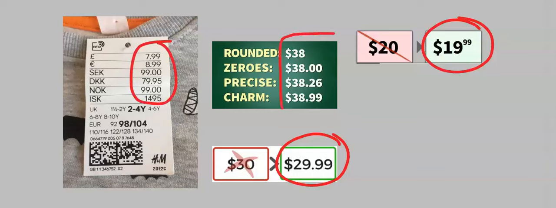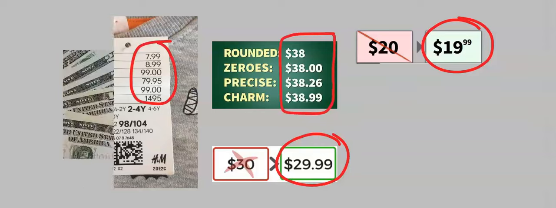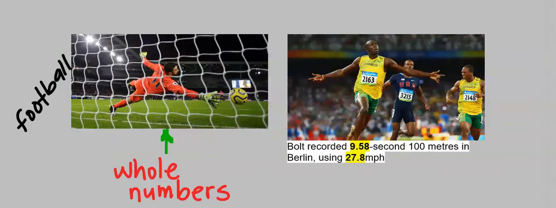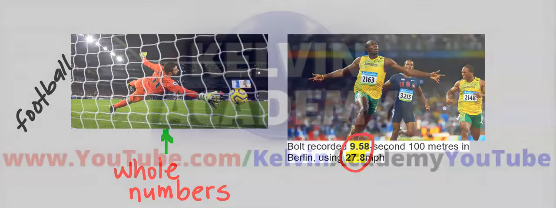These have a psychological effect in the way people pay for commodities and items, even when the notes they'll be paying with have no decimal places in them. Likewise, football, for example, uses whole numbers in their scores, while in other athletic fields, 1 or 2 decimal places can be used to determine speed.